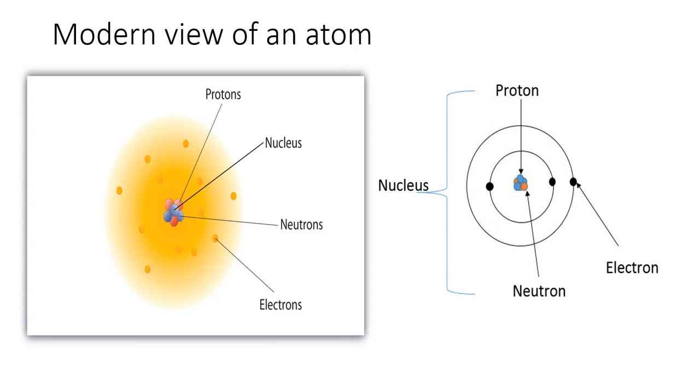Now, the difference between these two diagrams, let's say diagram A, diagram B. In diagram B, I can see specifically where the electron is. I know that there's this line here. Maybe I call it an orbit. There's this line here, and the electron is within this line here, or this circle. So there's a second circle here, and the electron is also within this circle.